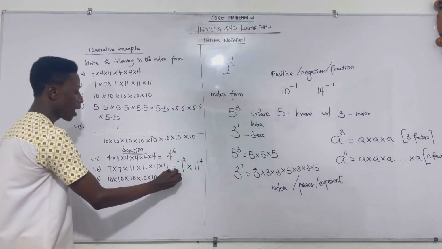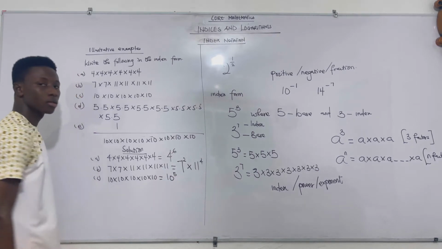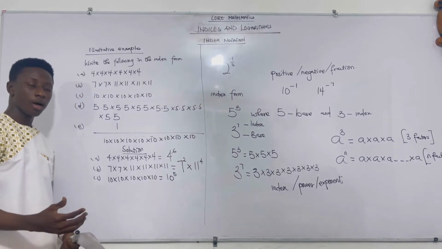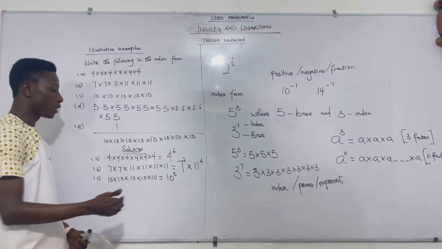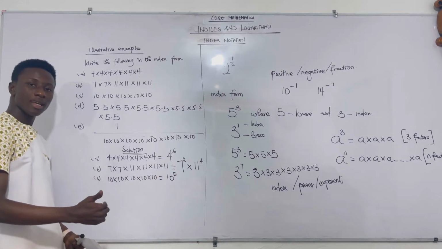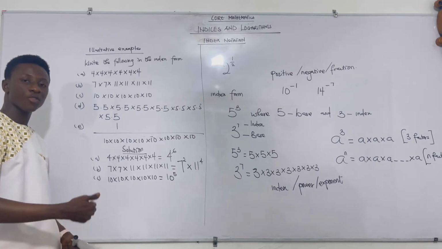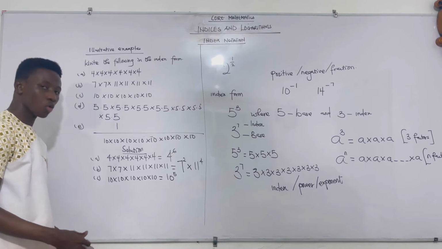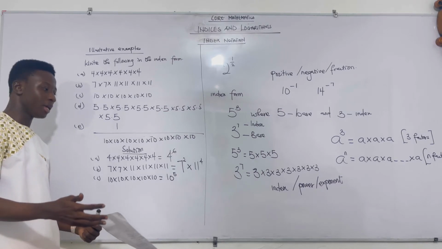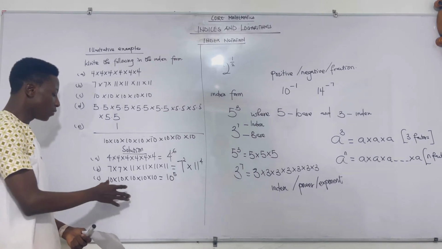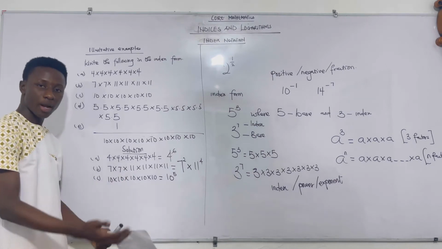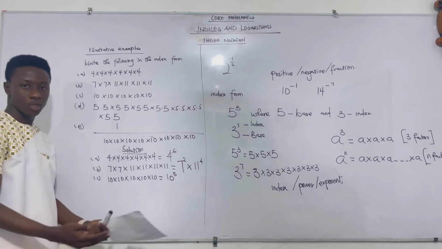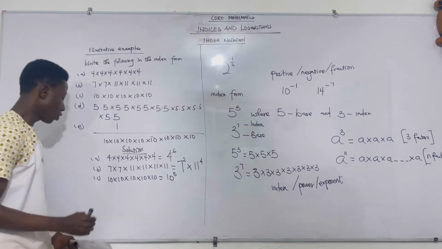So 5 comes at the index side. I said earlier that the index indicates the number of times you have to multiply the base together. In other words, if you know the number of occurrences, then you can put that at the power or exponent side.